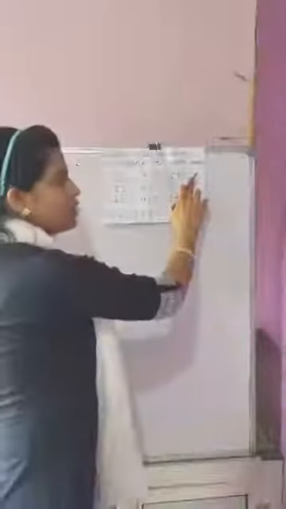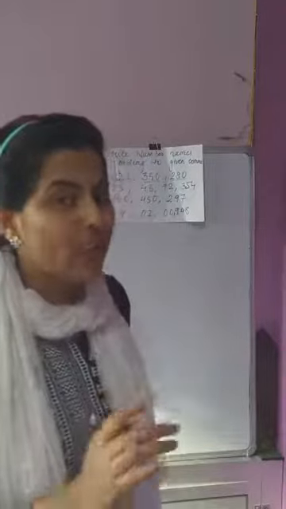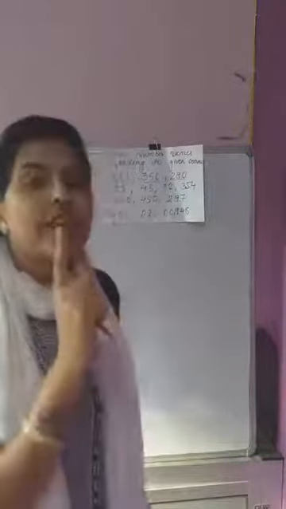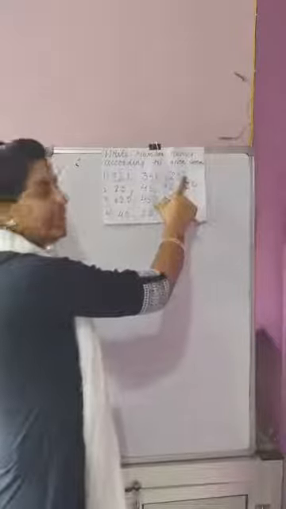No comma, so no need to write or read its period, ones. You will never write ones or read ones. It's hidden. No comma means no need to read it. So in this manner you can solve all the questions.